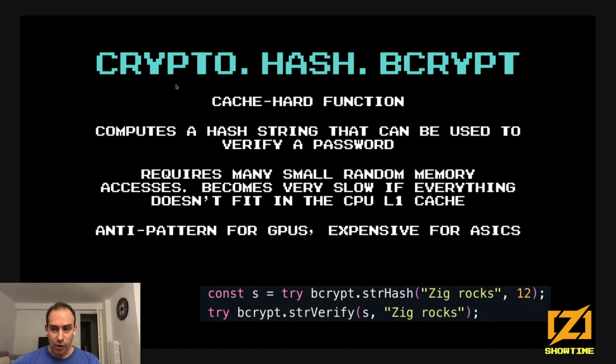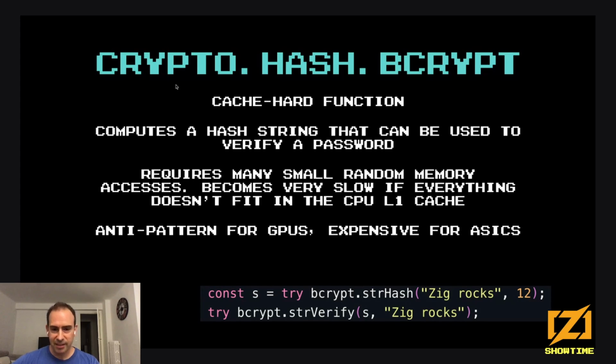If the whole lookup table fits in the L1 cache of a CPU, this is going to be super fast. If it doesn't fit, it's going to be instantly super slow. So a GPU is not going to be usually way faster than a regular CPU for this. And ASICs can do a pretty good job, but it's going to be very expensive.